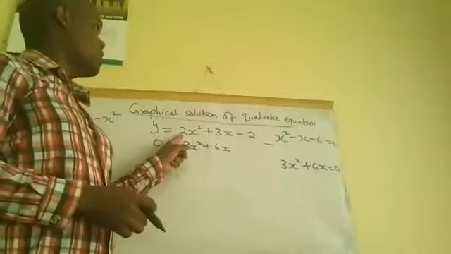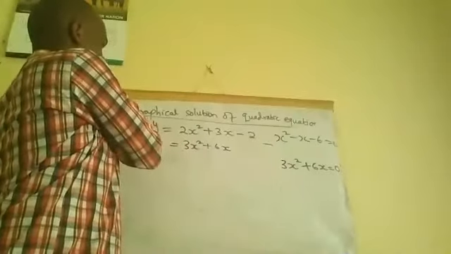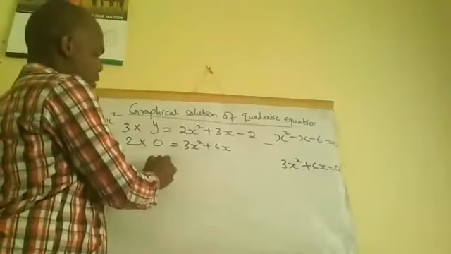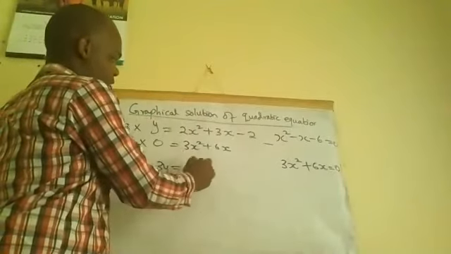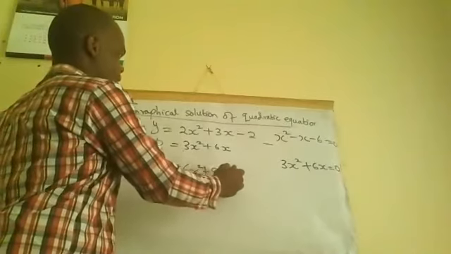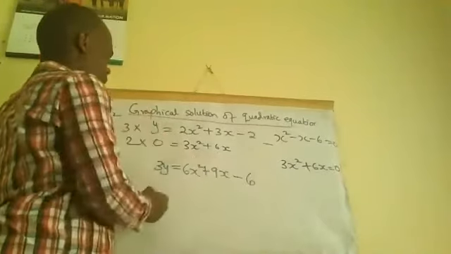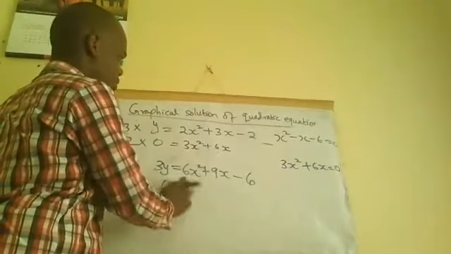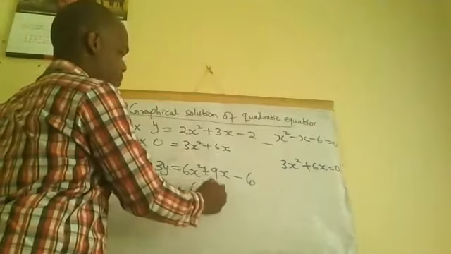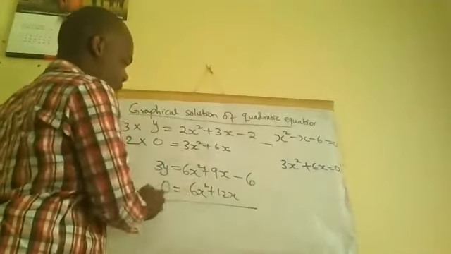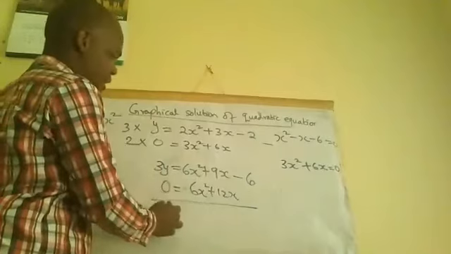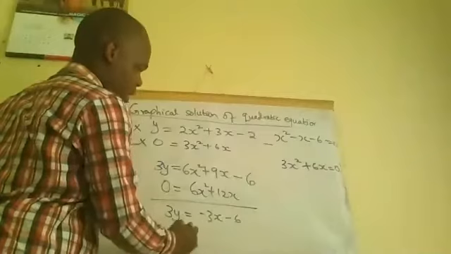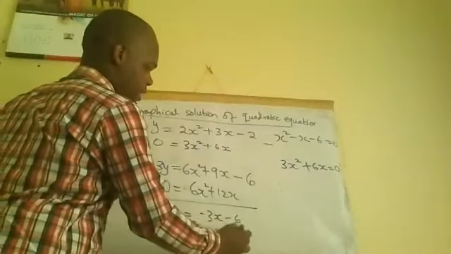So 6 divided by 2 is 3. So I multiply the first equation by 3 and the second equation by 2. If I do that, I'll get 3y equals 6x squared plus 9x minus 6. And then I have 0 is equal to 6x squared plus 12x. And then I subtract, and then I get 3y is equal to negative 3x minus 6. So y is negative x minus 2.